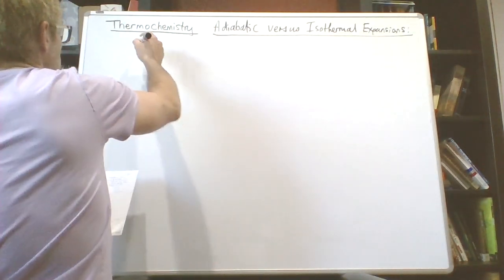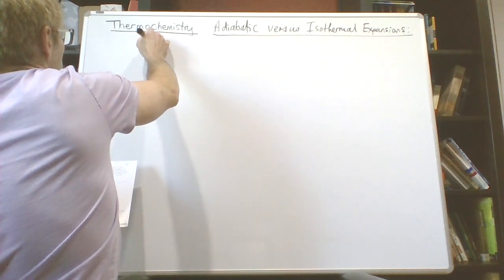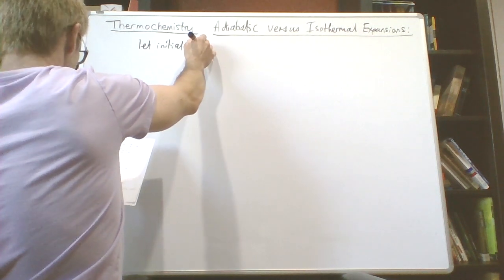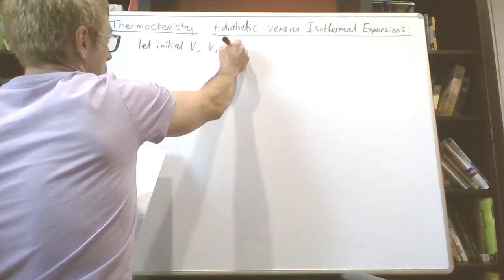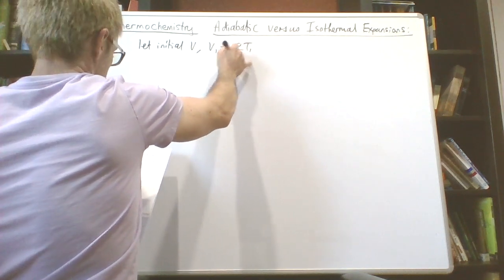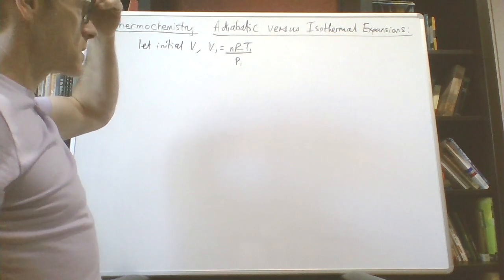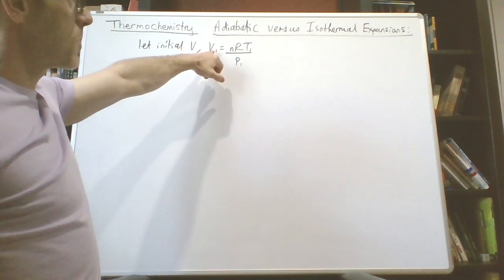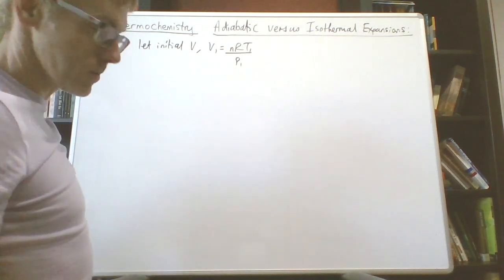So here's the answer to the question I've just read. Let the initial volume V1 equal nRT1 over P1. We're just using the ideal gas law, and we're saying initial, so we've got the subscript 1 where it applies: volume, pressure, and temperature.